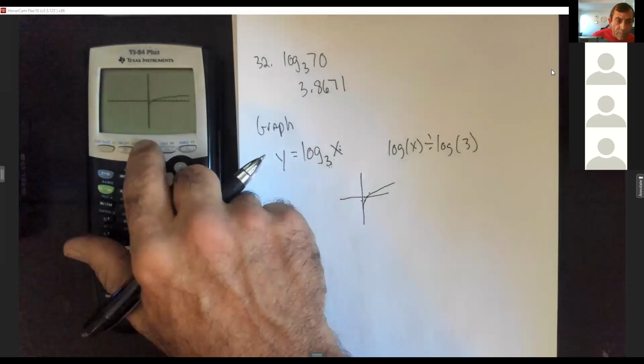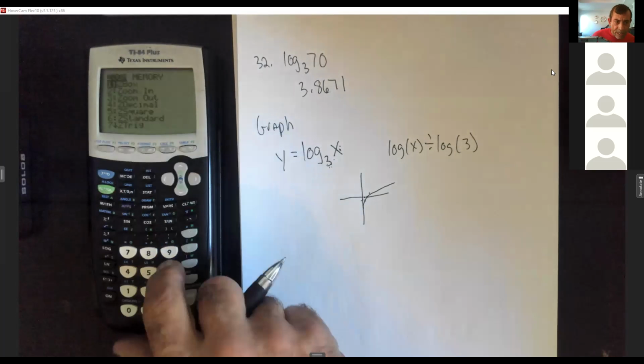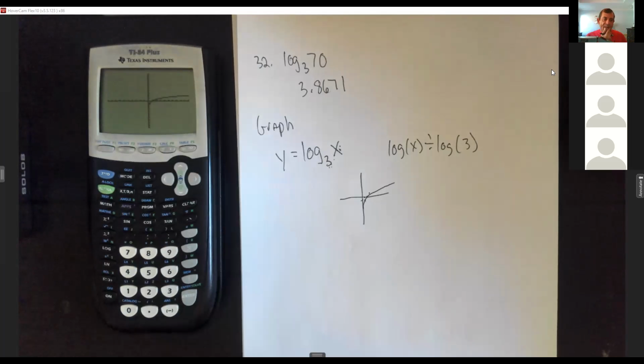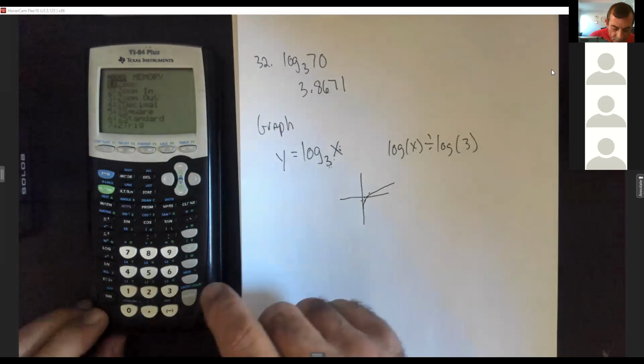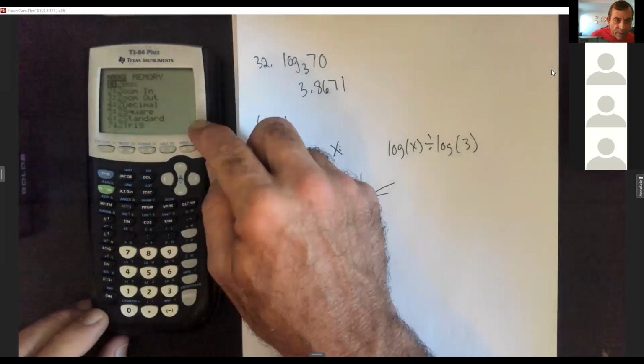Hit zoom, and hit number 6 for standard. And then enter. It's still going straight across at 2. So that's telling me, let's see, do this one more time. Hit zoom, and it shows a long list, and then punch 6.